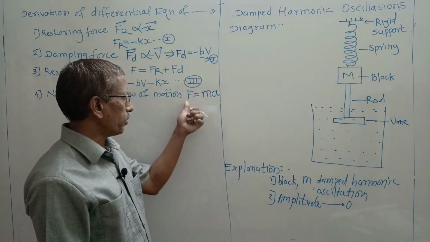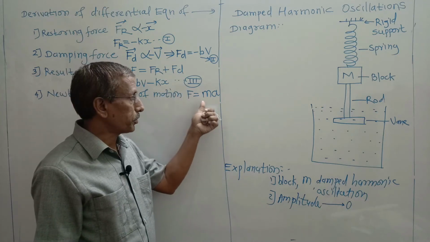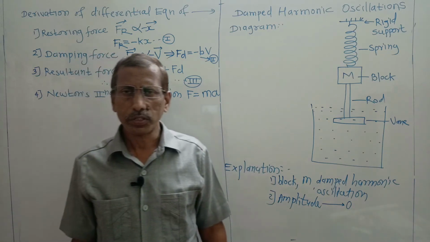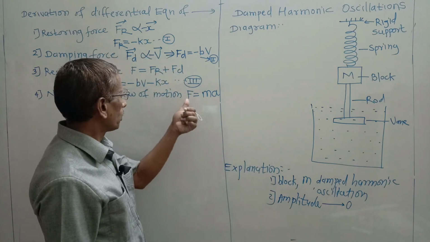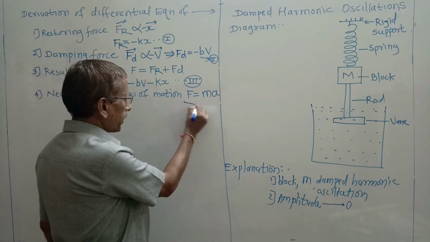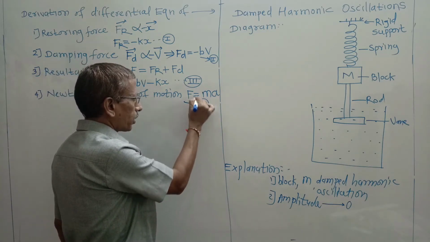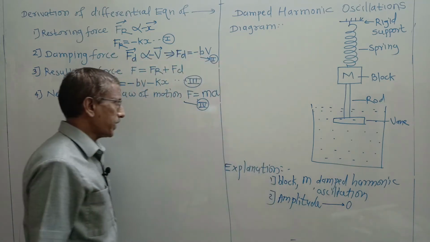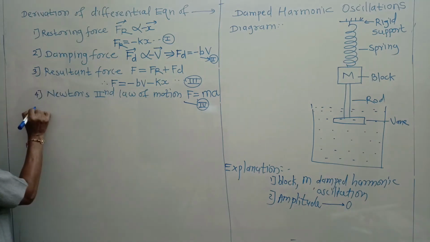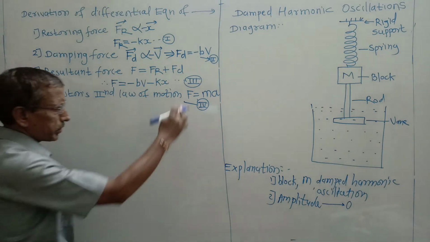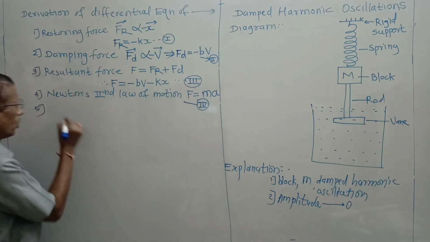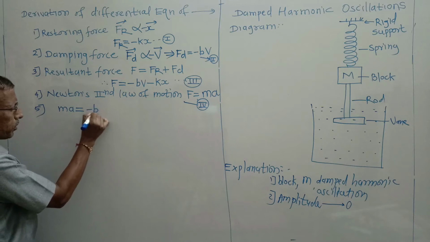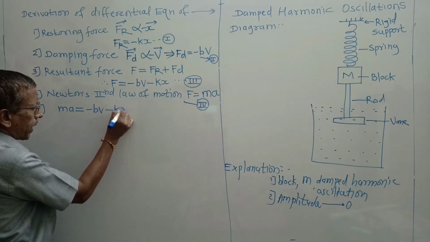So we get F is equal to dp by dt is equal to m into a. This derivation you already studied in 11th standard. So equation number 3 and equation number 4 both give the resultant force acting on the block. Equating equation 3 and equation 4, we get ma is equal to minus Bv minus Kx.